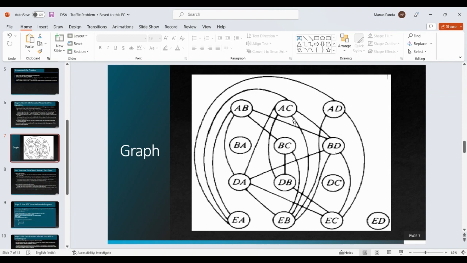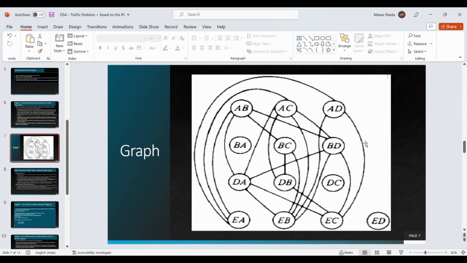BD is connected to, is there anybody which is not connected to BC and BD? That we will take. Okay, let us see who is not connected. Okay, DB. So BC, BD, and D. Sorry, BC is also connected to DB. BD is connected to EB. EA, for example, EA is connected to anybody?